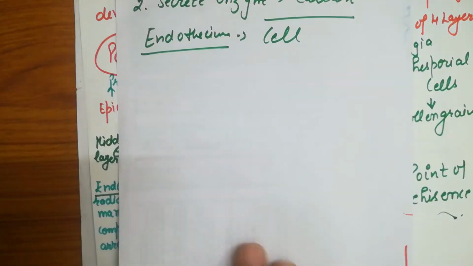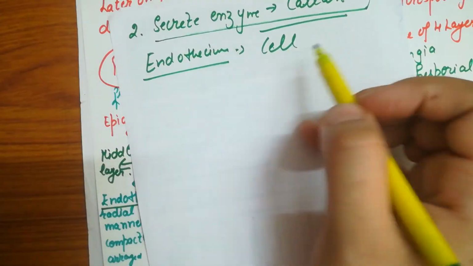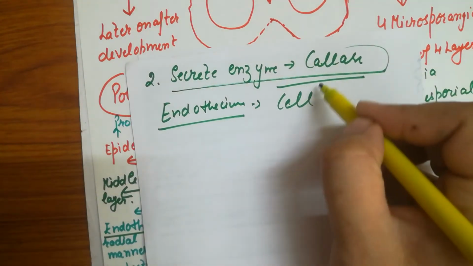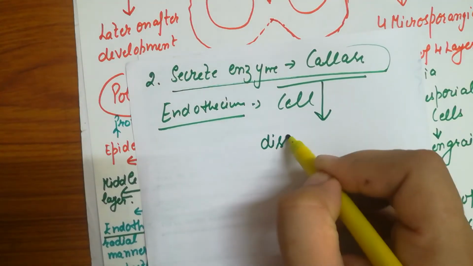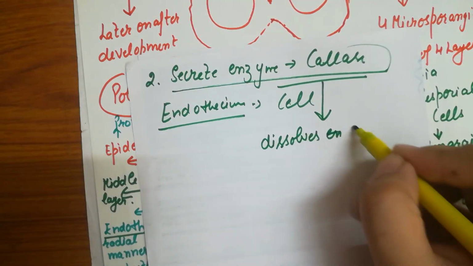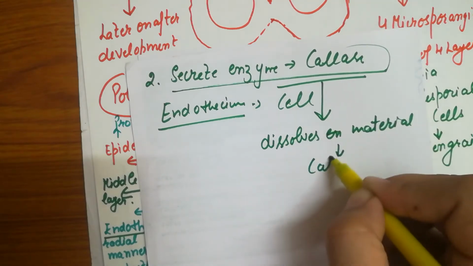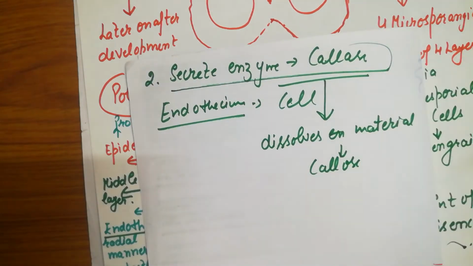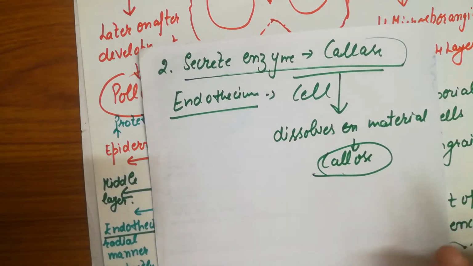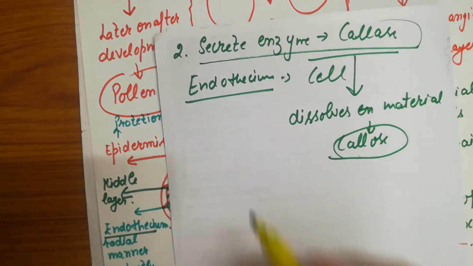So what does tapetum do? Tapetum secretes the enzyme callase. What is the function of callase? Callase dissolves the substance callose, right? Basically, only if callose dissolves will the microspores be set free.